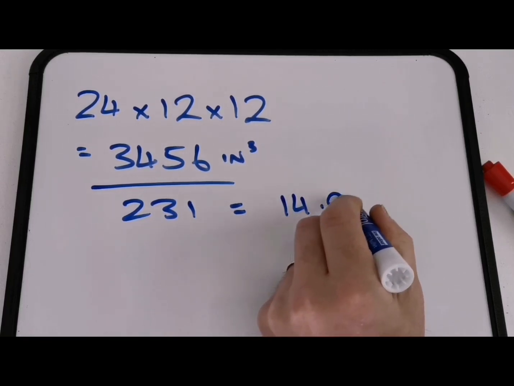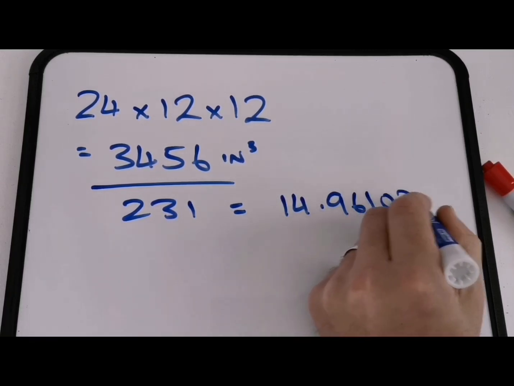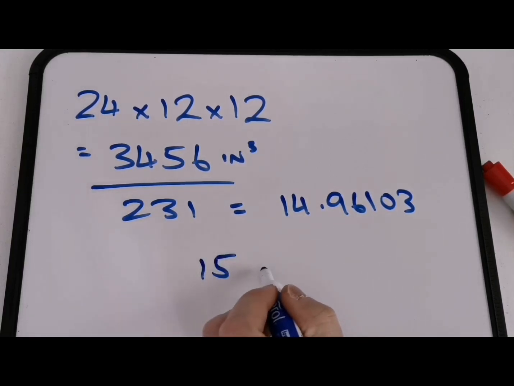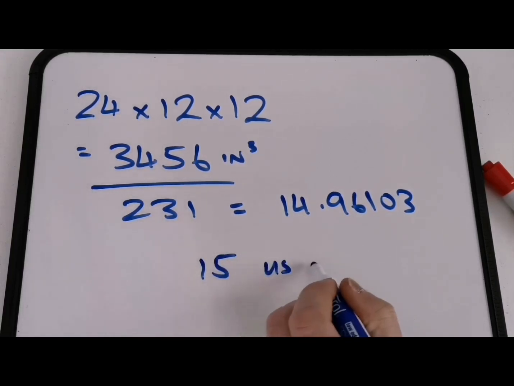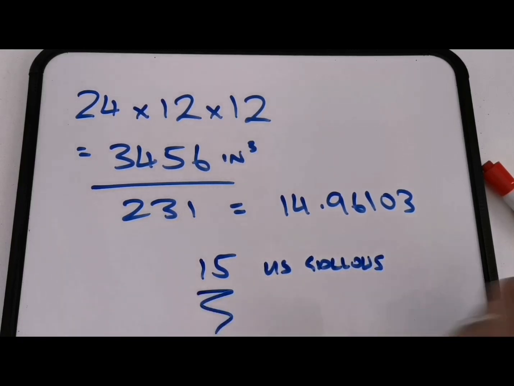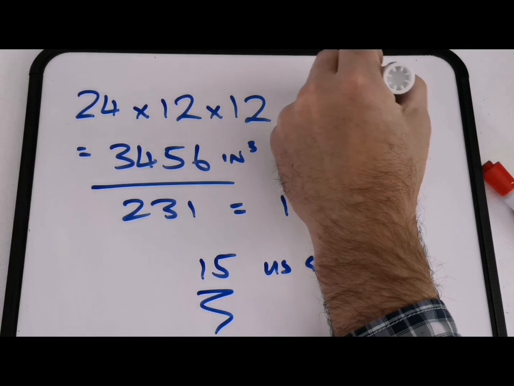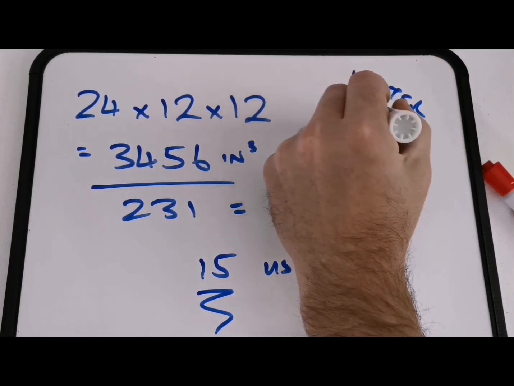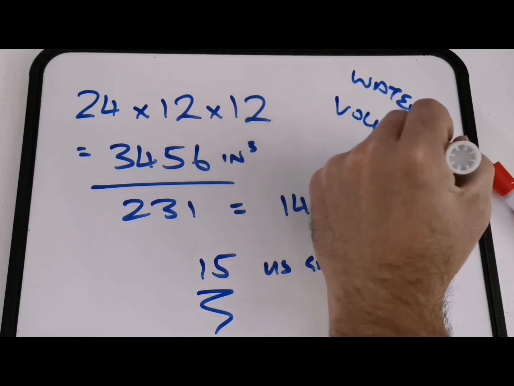So this time we have 14.96103, which will round off to 15 US gallons of water. So that's us saying that's how much water is in the tank, bearing in mind it's not full to the top and the bottom is full of substrate, be it sand, gravel, whatever.